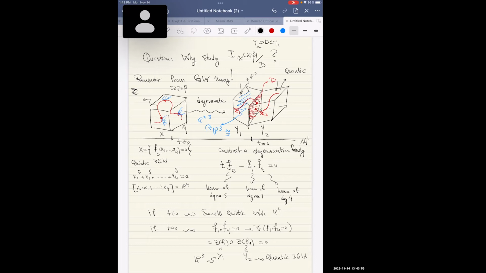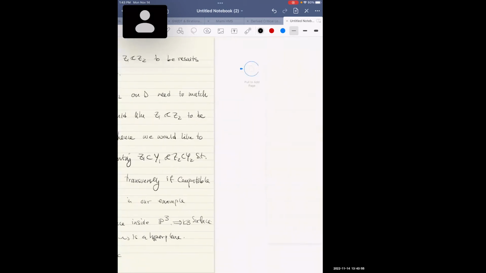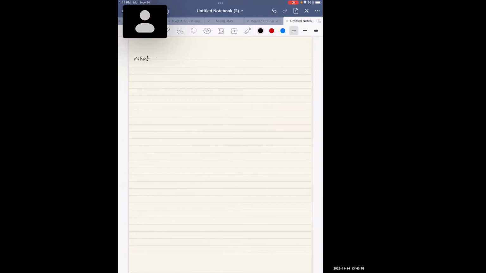Now you might say that what if Z1 or Z2 or both are not transverse to D. Then counting them, the ones which are result of this degeneration will be very difficult. Then there is something we would like to do, which is make them transverse, okay?